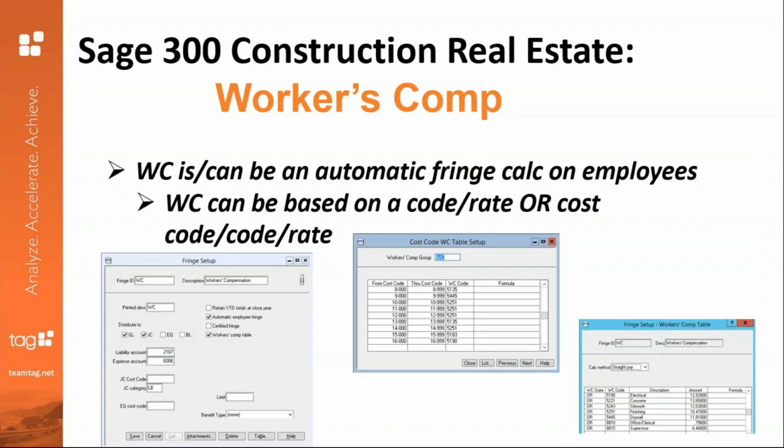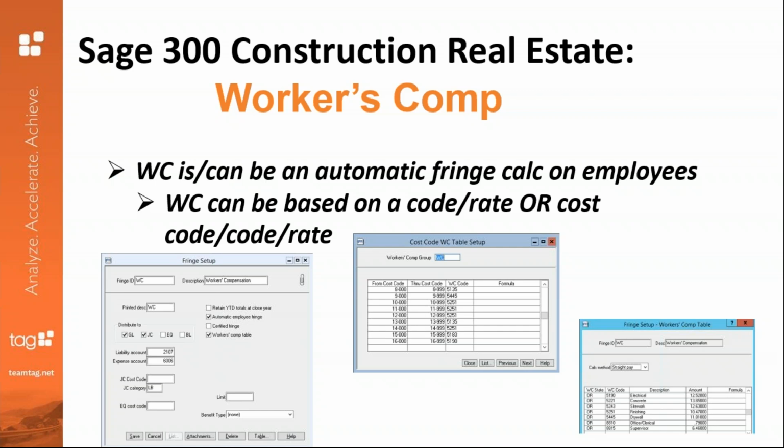Workers' comp. So workers' comp, as we all know, calculates typically based on rates and classification codes or work comp codes. So Sage gives you the ability to put a work comp code on the employee setup and then create the work comp table that says, okay, based on X state and these different codes, here's what the amount should be. They also give you the additional ability to add in a layer in the middle, which is the cost code work comp table, which is that middle picture that we see.